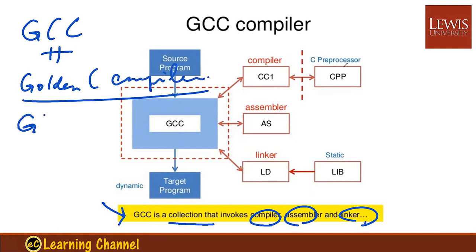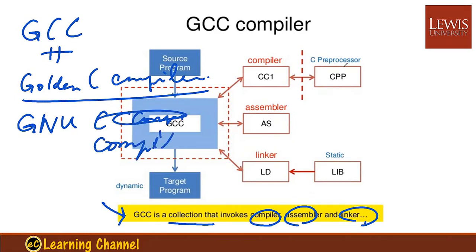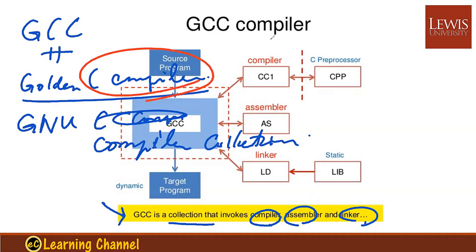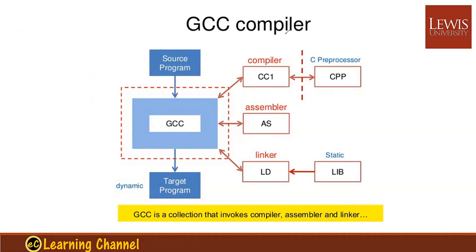It actually is GNU compiler collection, I'm sorry. Some people think that GCC is some sort of C compiler. It actually is a family of compilers, and it takes many languages.